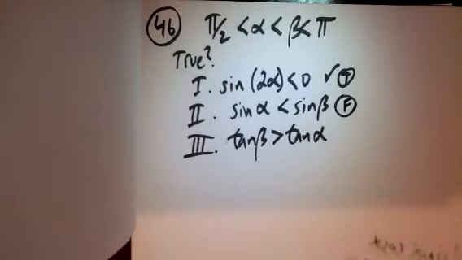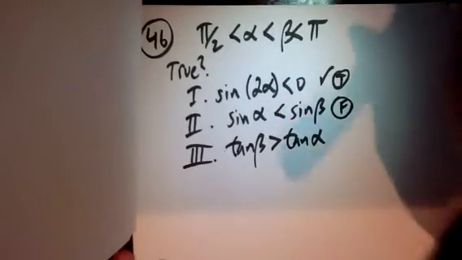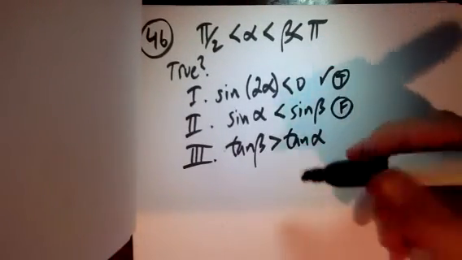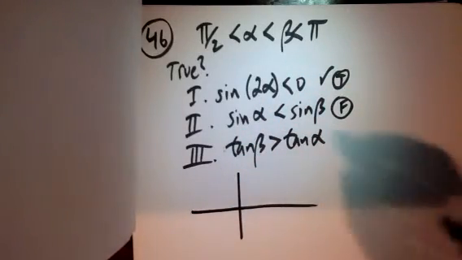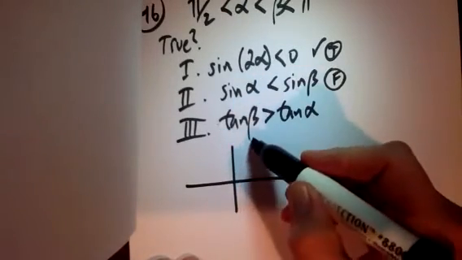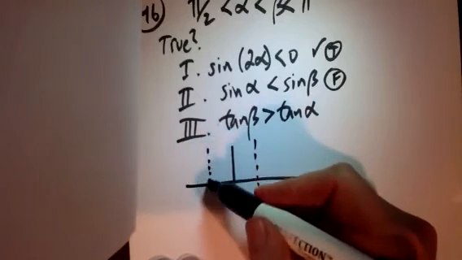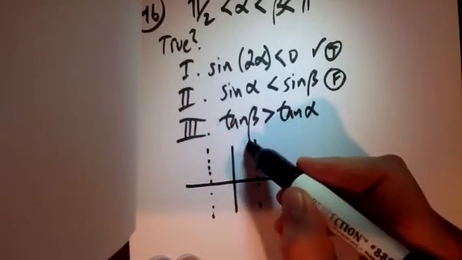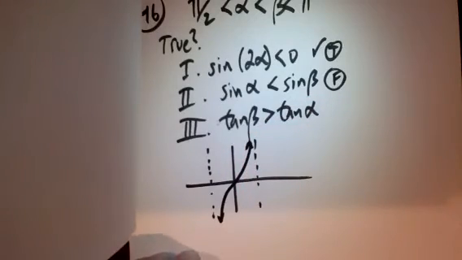Now our final one: is the tangent of beta greater than the tangent of alpha? Let's take a look at what the tangent function looks like. The tangent function is undefined at pi over 2 and negative pi over 2, and has that kind of curve to it.